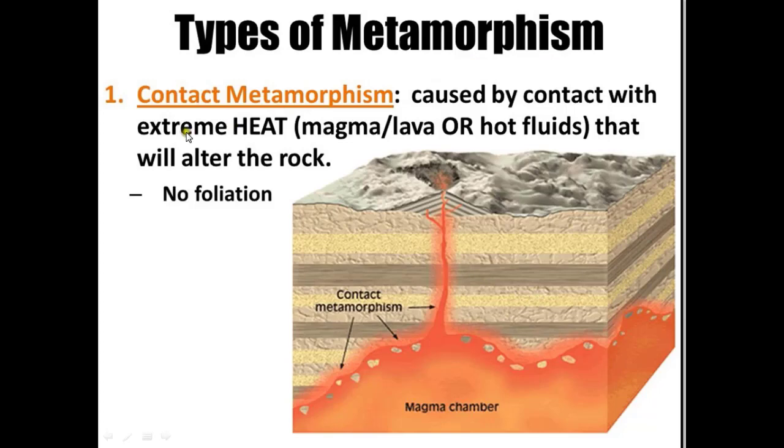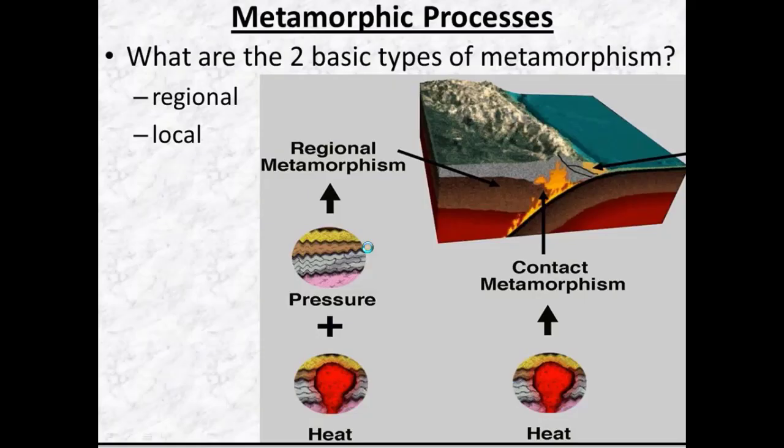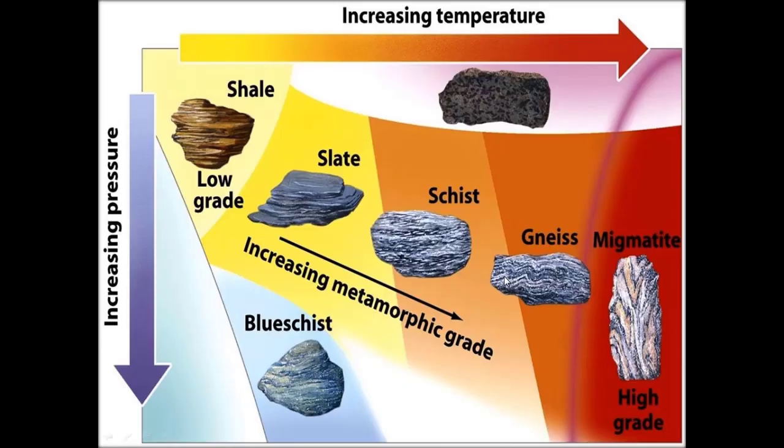The other one, contact metamorphism, is caused by contact with extreme heat. As I have shown you in this diagram, this is because of the heat. When contact metamorphism is happening, it is because of the extreme heat, and such rocks are formed in this process.